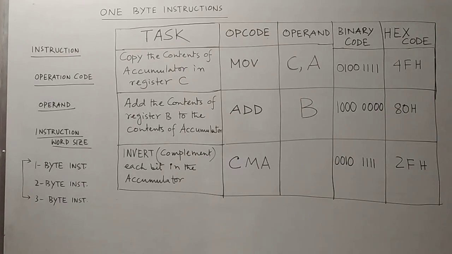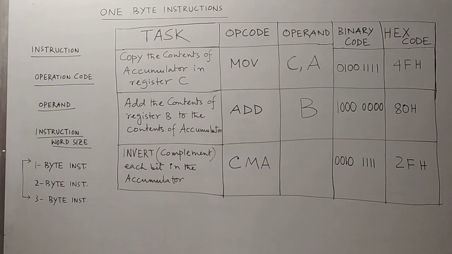It may include 8-bit or 16-bit data, an internal register, a memory location, or an 8-bit or 16-bit address. So remember one thing, that in some instructions the operand is implicit.